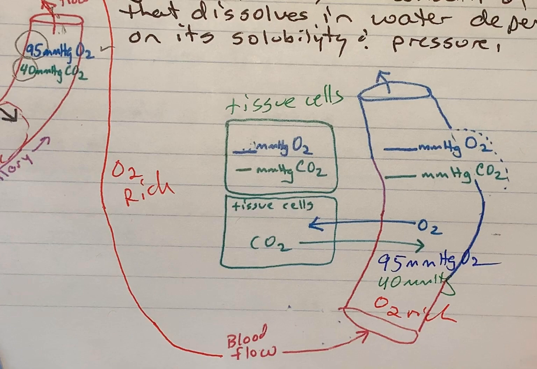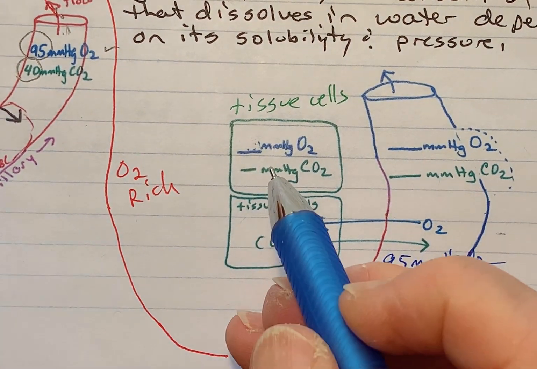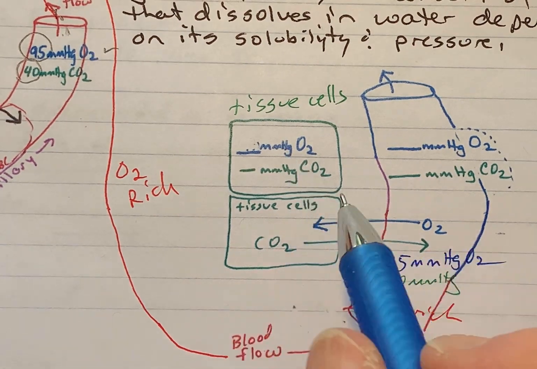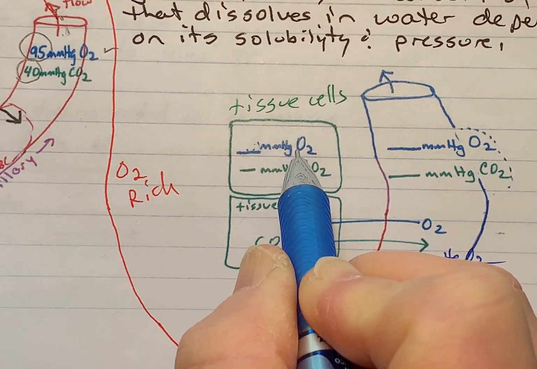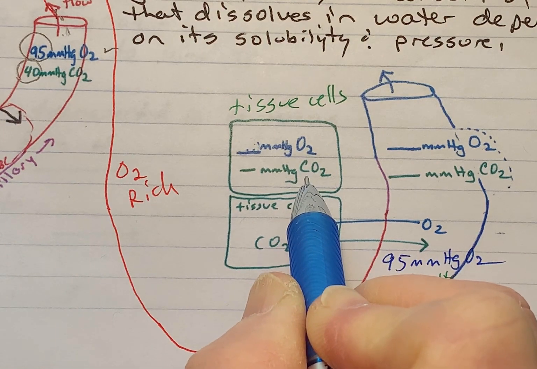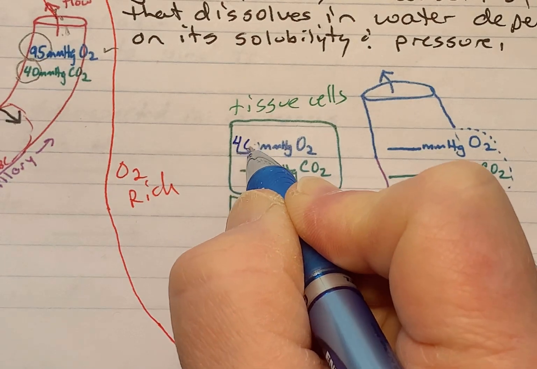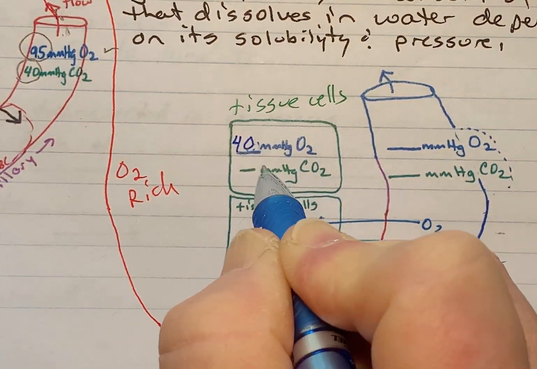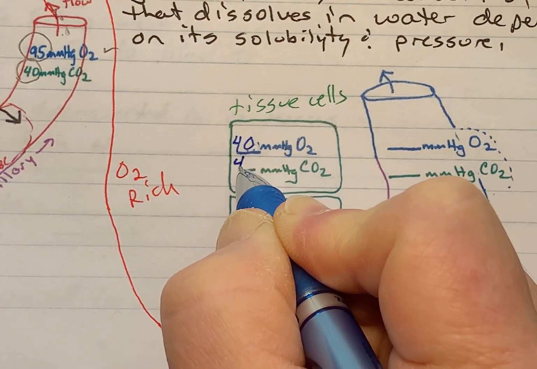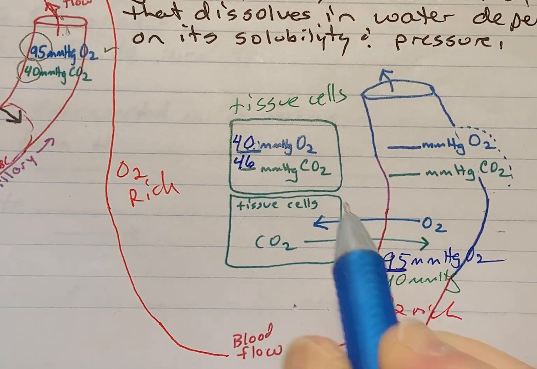All right. Now, right now over here, in the tissue, since we've used up the oxygen in metabolism and we got a waste product of carbon dioxide, over here, the oxygen is 40 and we're high in carbon dioxide at 46. Look, here's 95, here's 40.